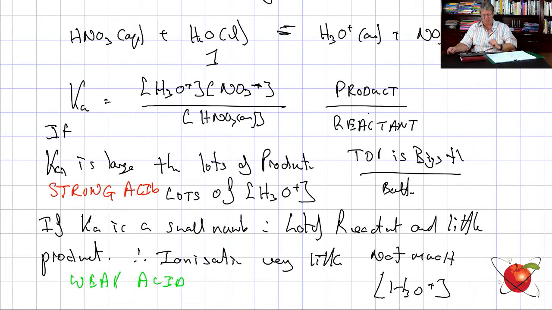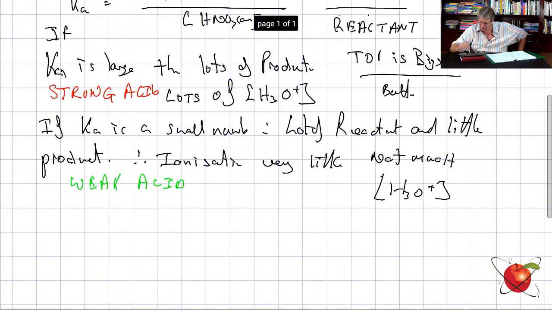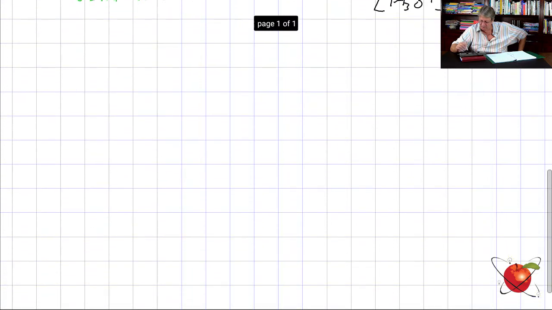Lots of H3O, strong acid. Little H3O, weak acid. It means that it has not ionized very much, and we still have a lot of reactant left if it's weak.